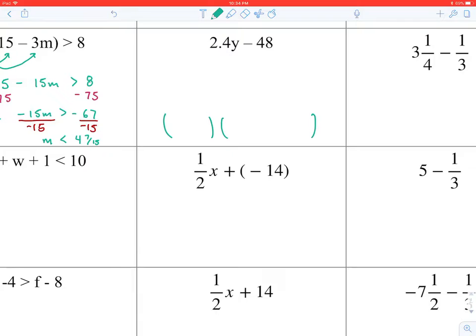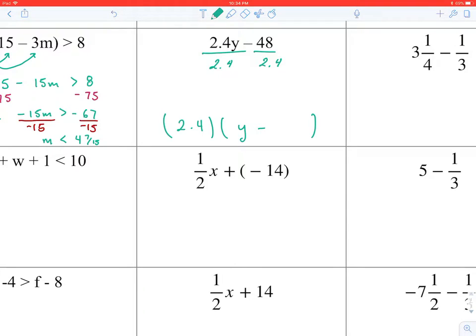As we get into more practice with decimals and fractions, then we'll start throwing in some more difficult ones, some that require a little bit more thinking. But regularly what you're going to do here is take that coefficient, which is the number that's attached to the variable, and that's what you'll factor out. And to determine what goes in here, you'll just divide both sides by that number that you factored out.